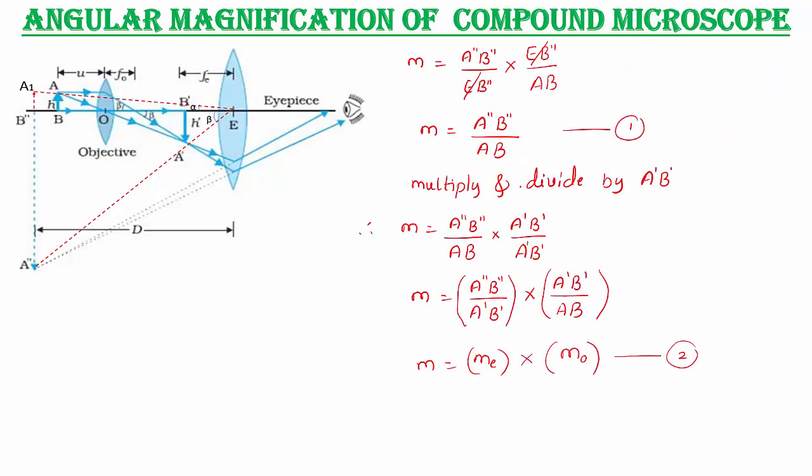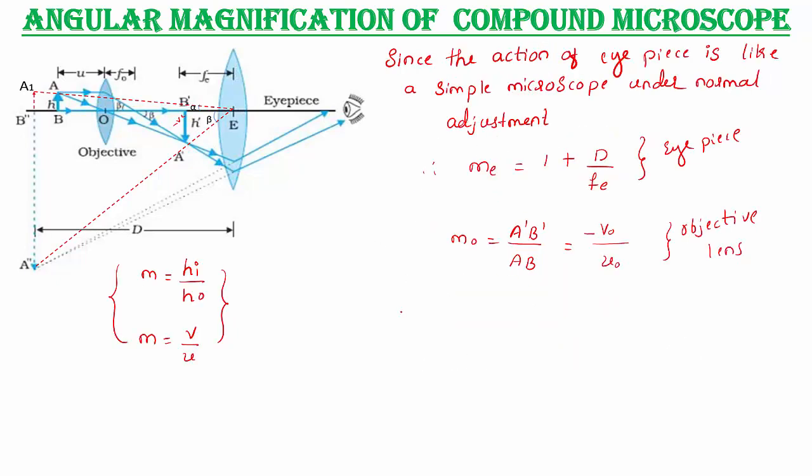So in equation number 2 we can substitute. Therefore equation 2 becomes M equal to Mo into Me. Substitute here. M equal to, Mo means minus V0 divided by U0, into Me is 1 plus d divided by Fe.